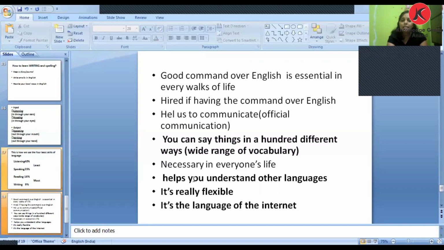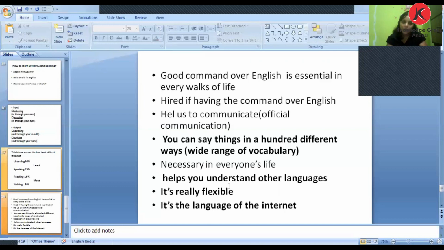Now, English is necessary in everyone's life. You know that nowadays the whole world has become one, and in that sense English is necessary in everyone's life. It helps you to understand other languages. Okay, if you know the English language, then you can also learn other languages.